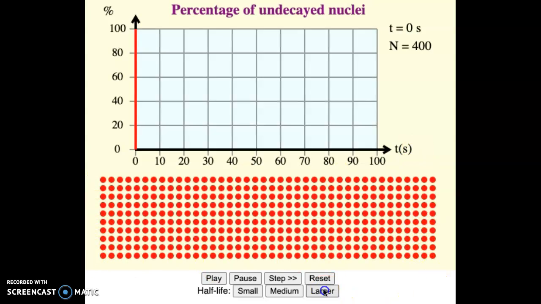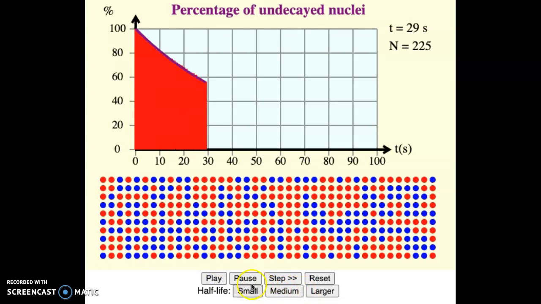And we're going to choose a large half-life, and what this will do is simulate the emission situation. So the dots will change color to represent a radioactive emission of alpha or beta.